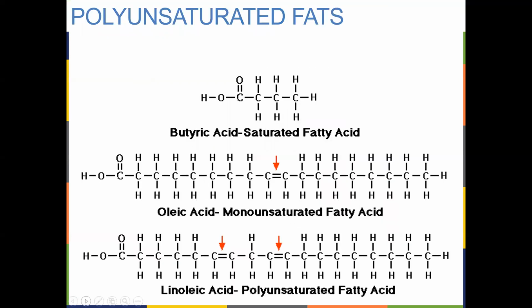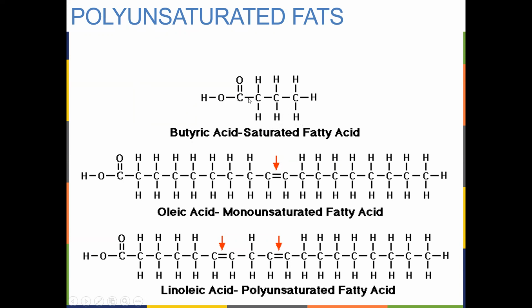Okay, now, unsaturated fatty acids can be unsaturated with one double bond, or they can be polyunsaturated with many double bonds. Here is oleic acid, a monounsaturated fatty acid, one double bond here. No hydrogen, no hydrogen. Compare that to one of these smaller saturated fats.